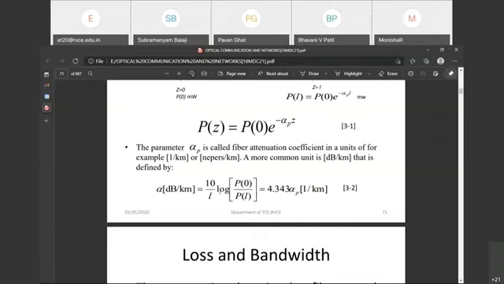So it is 10 log to the base 10 of P naught by P of L. This is for attenuation in dB. If you want it per kilometer, you need to divide it by L. If you have to convert it to nepers, you multiply it by 4.343. So that is the idea.